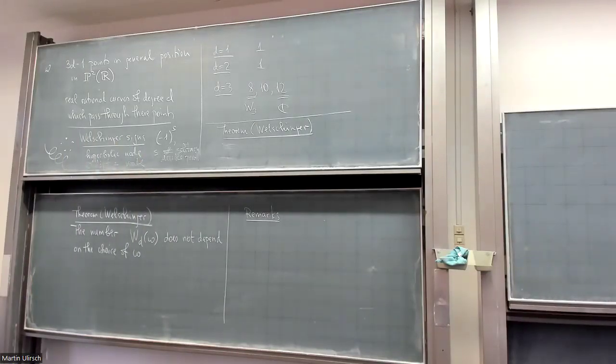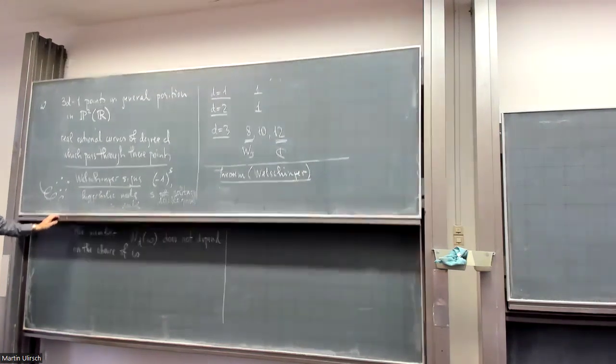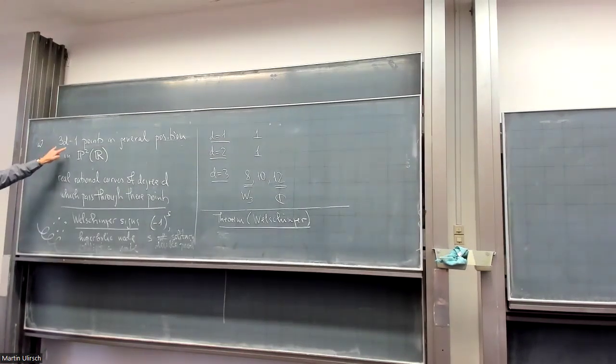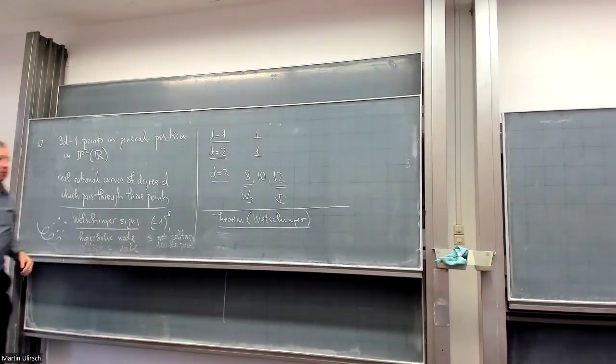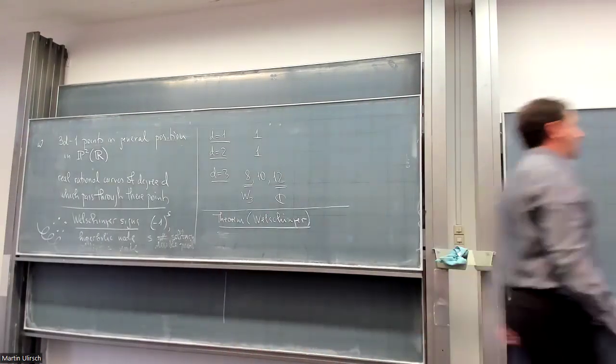The first one is the following one. In this story, it's really important that we consider rational curves. In principle, one can generalize our enumerative problem. One can take more points.